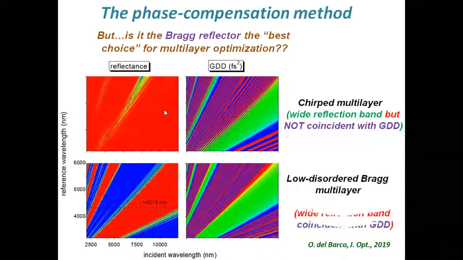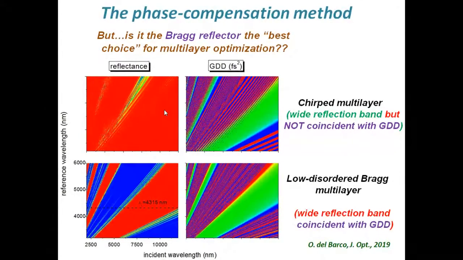What's the best choice? Our investigation showed that the best choice is the low disordered Bragg multilayer, where we have introduced very low disorder in the phase thicknesses, low disorder, not total disorder. We can see that this red region of high reflectance practically coincides with this greenish tone where we've got constant GDD values.